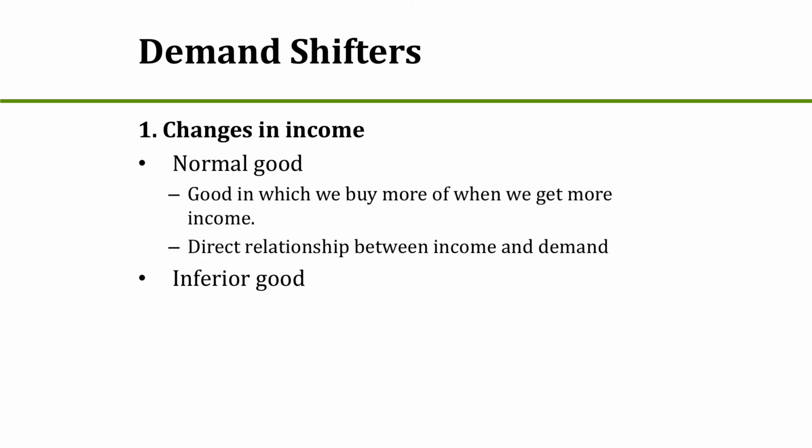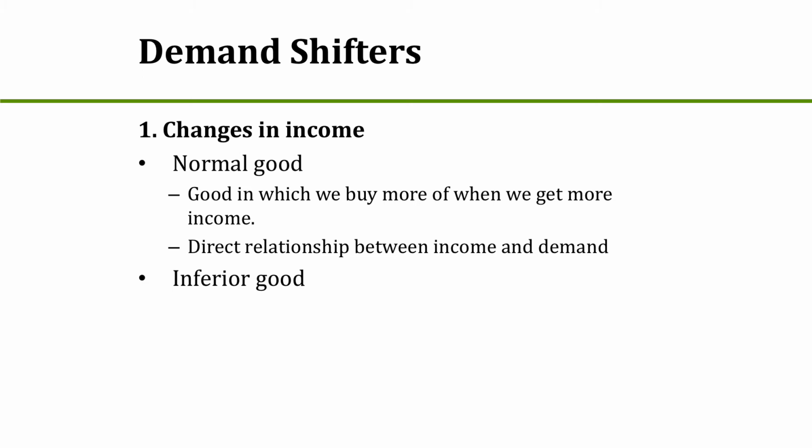The normal good is the good which we buy more of when we get more income. In other words, if you feel richer or if you have more money, you will buy more of that good. So basically there's a direct relationship between income and demand. If you're talking about a normal good, and if your income increases, your demand curve will shift to right.